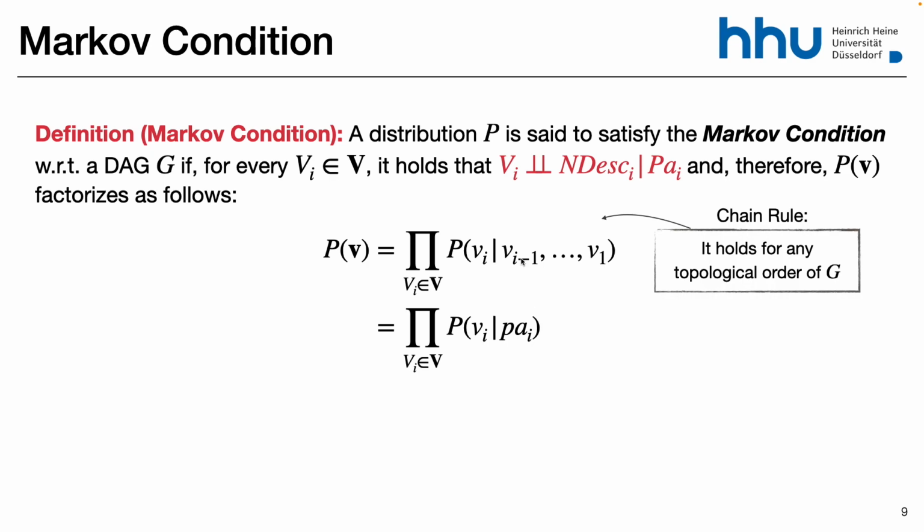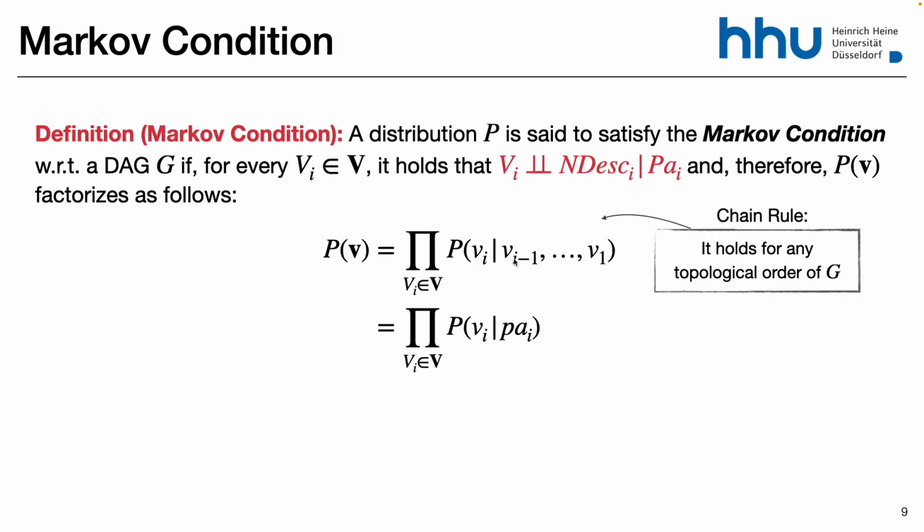But you can only simplify from the first line to the second line if the variables that you remove are independent given the parents. Here I'm using this condition because a variable Vi is going to be independent of everything that comes before it, since I choose a topological order and everything before it is a non-descendant.